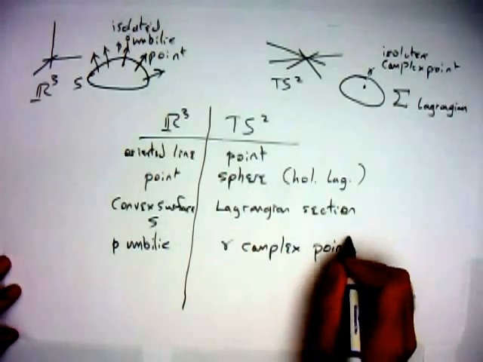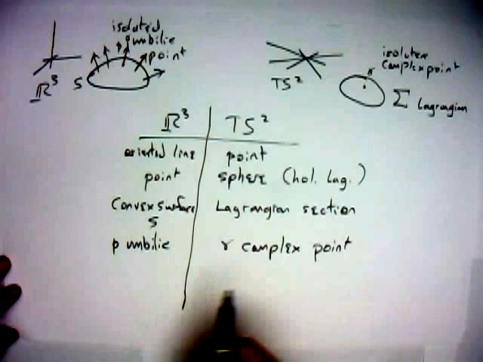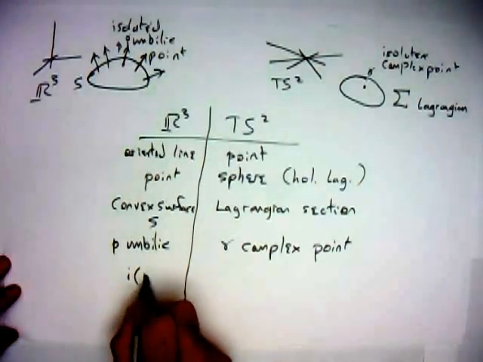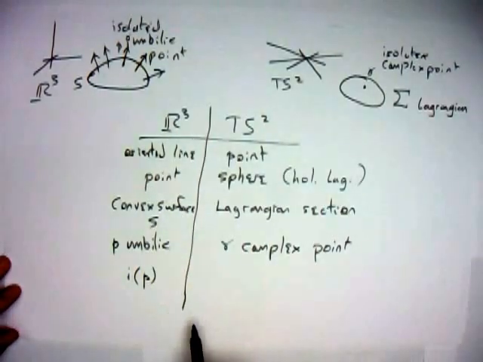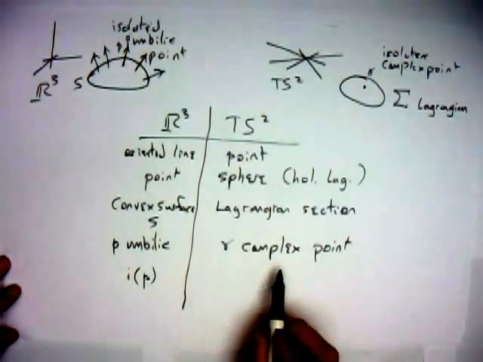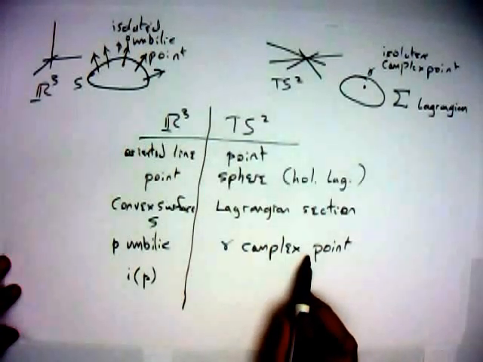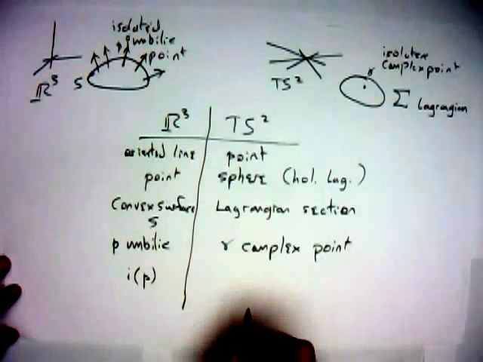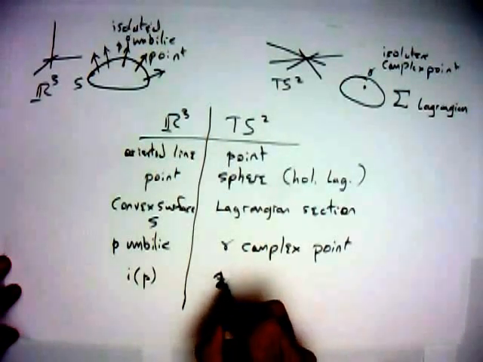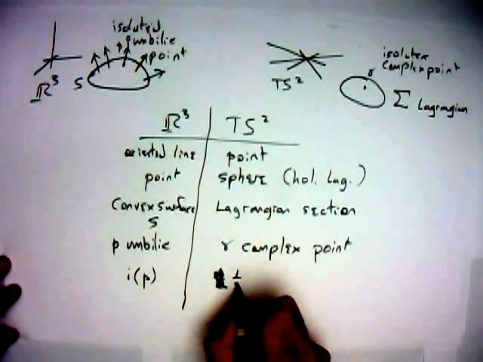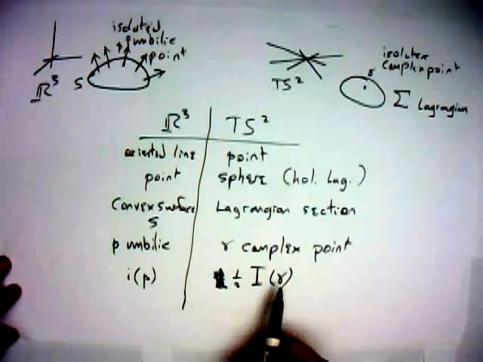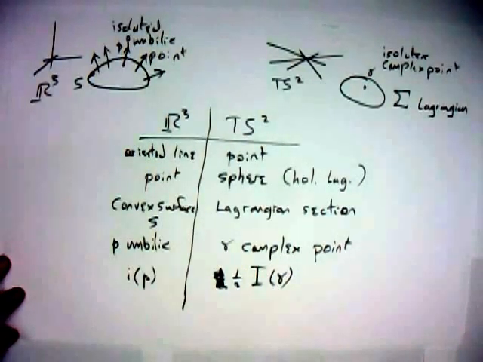And then the final thing that we need to be happy with this reformulation is the following: if we have an index of your umbilic point, as we talked about in a previous video, there is also a notion of an index for an isolated complex point, and the relationship is that this index is just 1/2 of this index. So 1/2 of the complex index of the point is exactly the umbilic index.